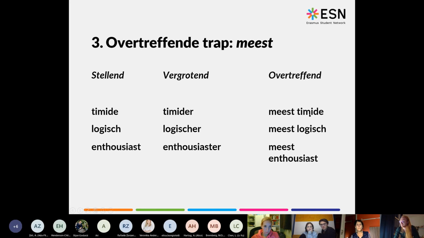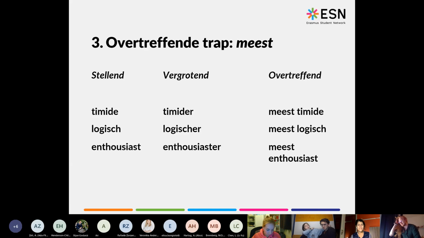So timide would become timidest, and then you have the D pretty close to an S and a T, and that sounds weird. Meest logisch: if you add st here, then logischst doesn't really work. And enthousiast ends on st, so it would become enthousiastst, which I think could work. If you would say it, I would get what you mean, but it's a bit of a mouthful, to say the least.